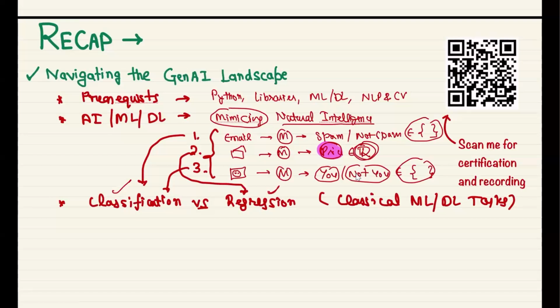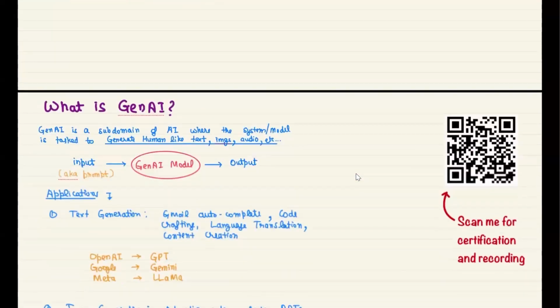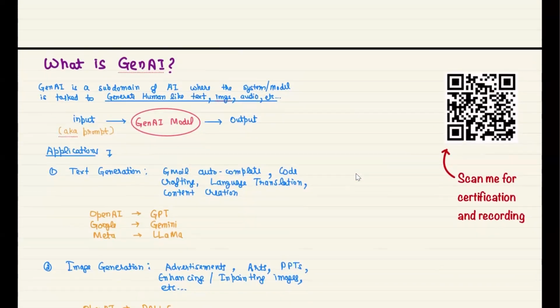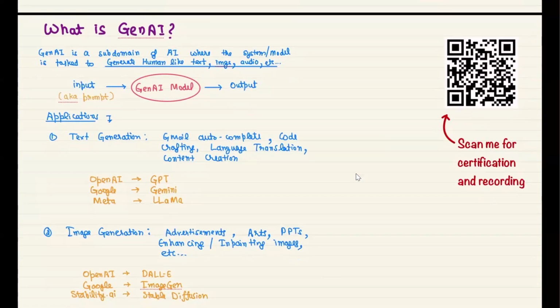What was the next topic we discussed in the last session? Anyone? We discussed what is generative AI. Generative AI is nothing but a subdomain of AI where the model is tasked to generate human-like text, images, audios, and videos.